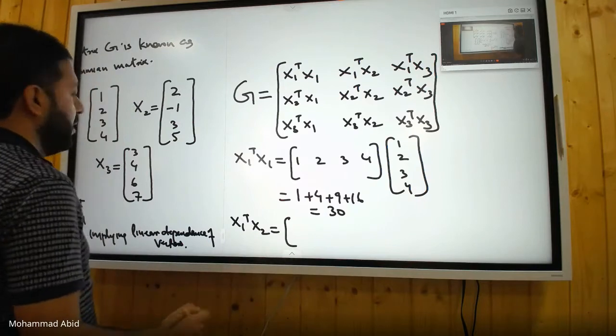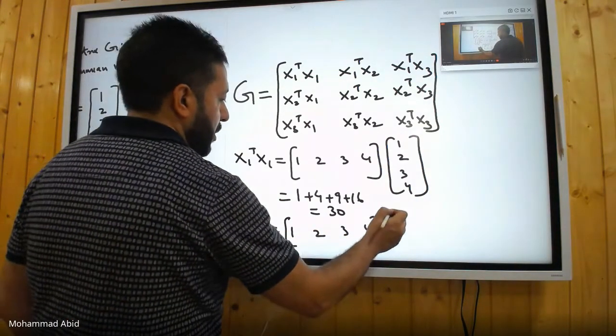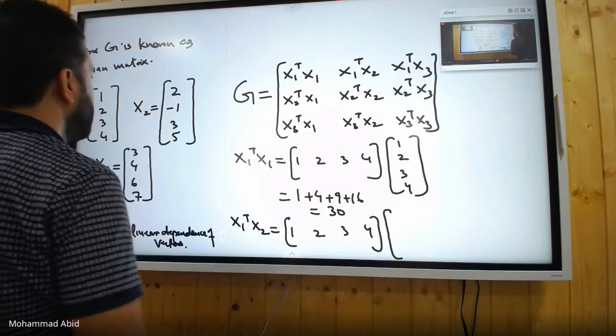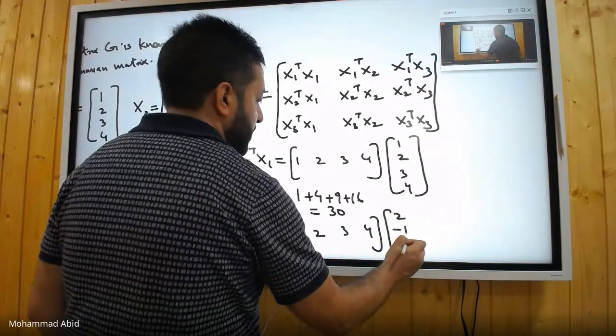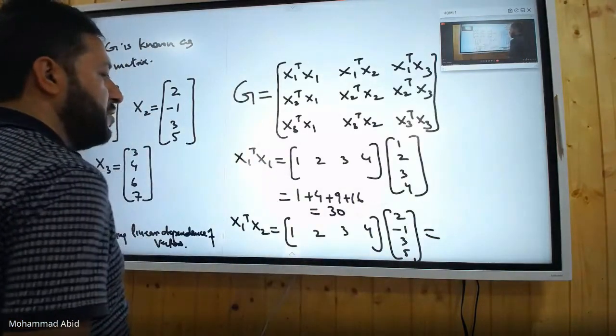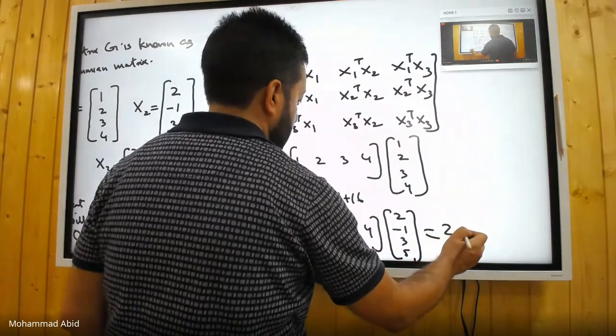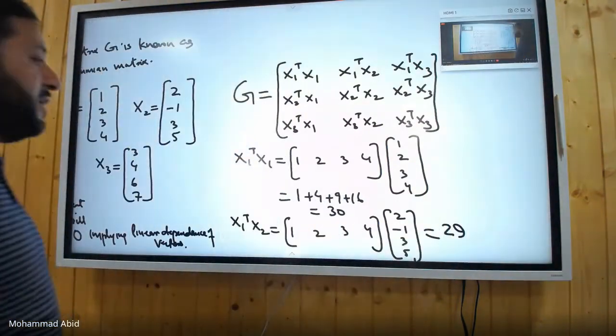That's actually 1, 2, 3, 4, and what's x2? 2, minus 1, 3 and 5. So this is 2 minus 2 plus 9 plus 20. This comes out to be 29.